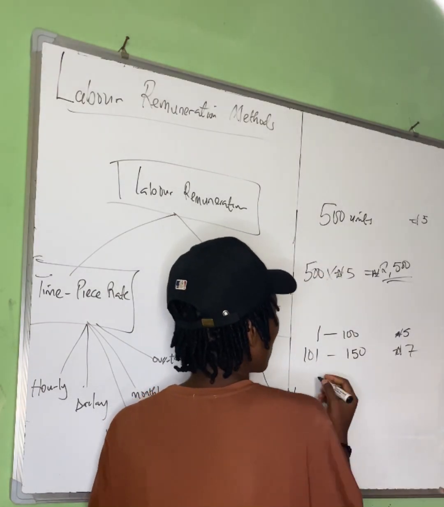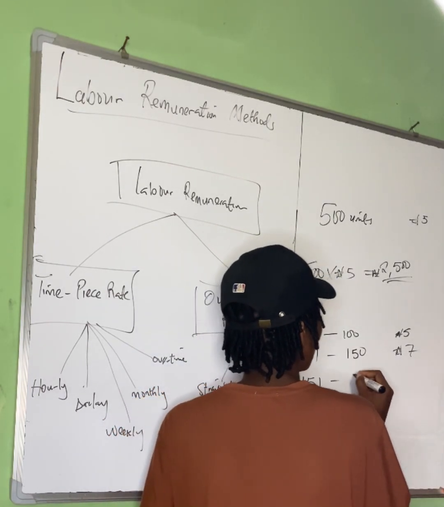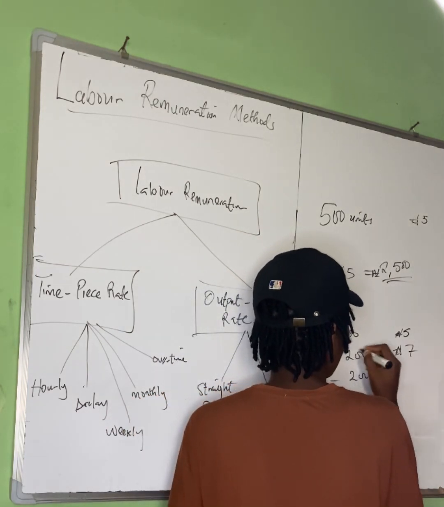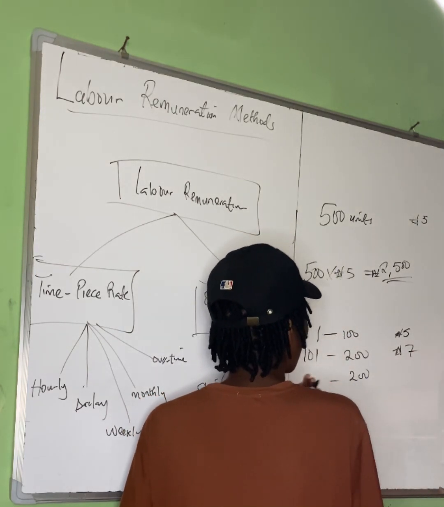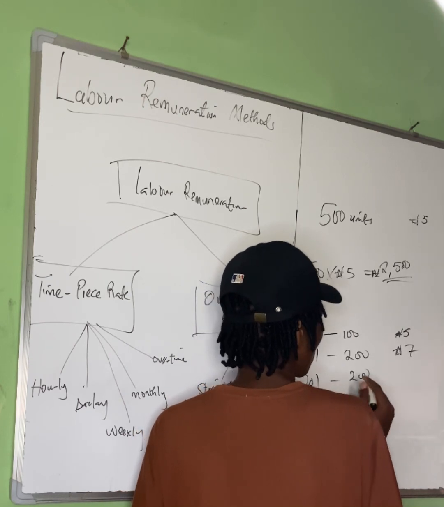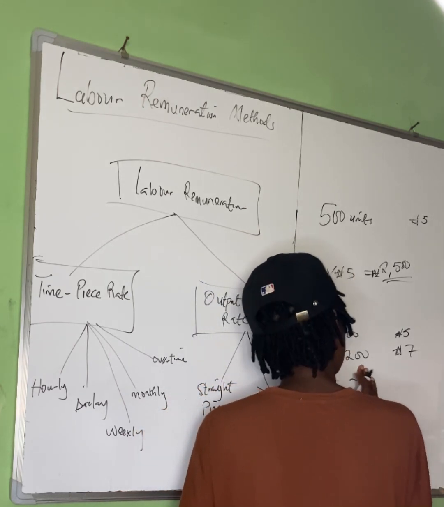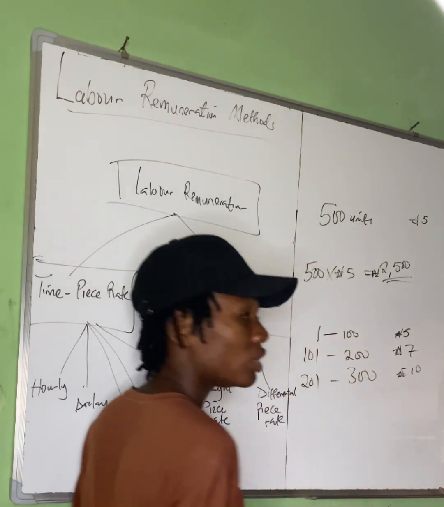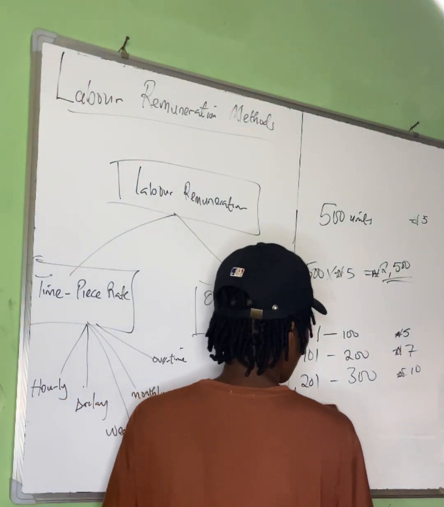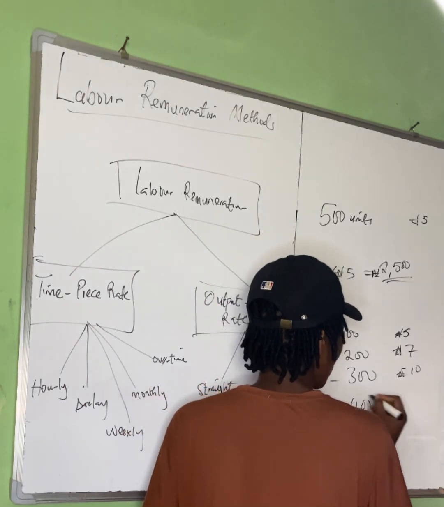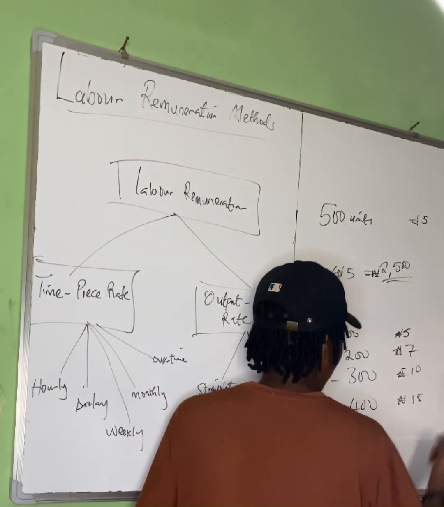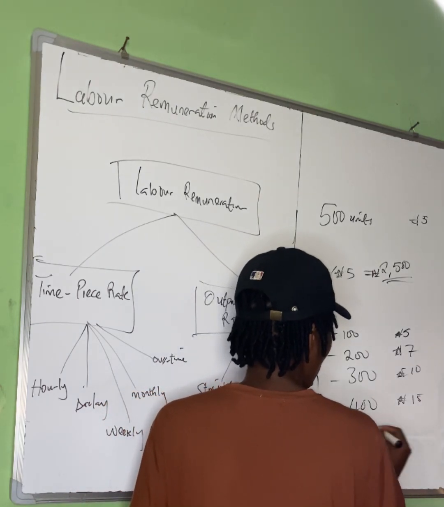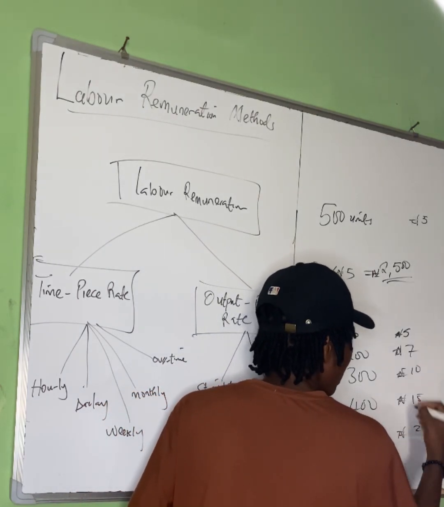Then from 201 to 300 units receiving 10 naira, and from 301 to 400 units receiving 15 naira. And lastly, from 401 to 500 units receiving 20 naira.